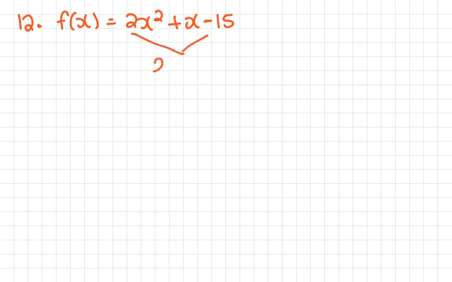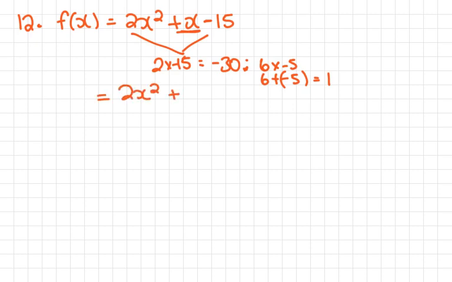So 2 times negative 15 equals negative 30. So I need two numbers that multiply to negative 30 and add to 1. So that would be 6 times negative 5, because 6 plus negative 5 equals 1. So now I'm left with 2x squared plus 6x minus 5x minus 15.